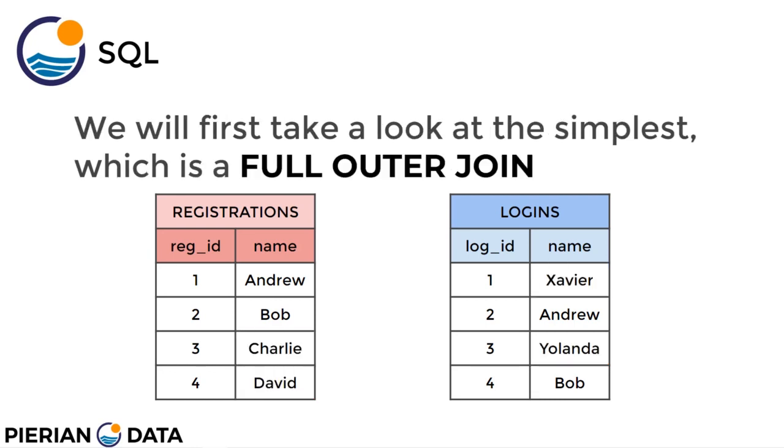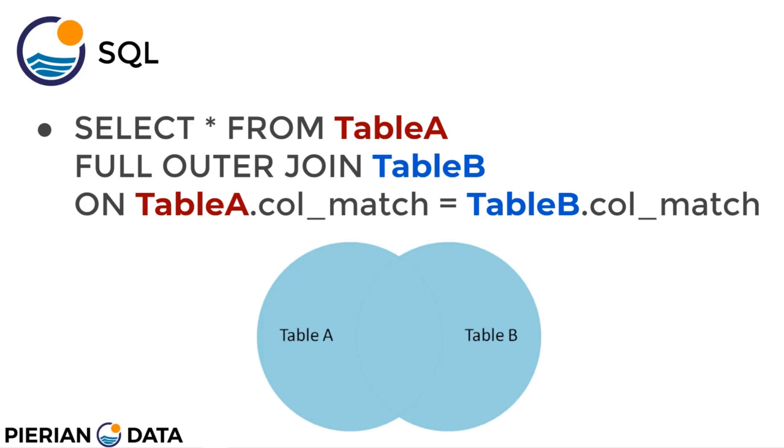We're first going to take a look at the simplest, which is a full outer join. And this actually might be even easier to understand than an inner join. So an outer join, or a full outer join, just grabs everything. So the syntax is select all the columns from table A, do a full outer join of table B, and then on wherever that column match occurs from table A equal to table B dot column match.